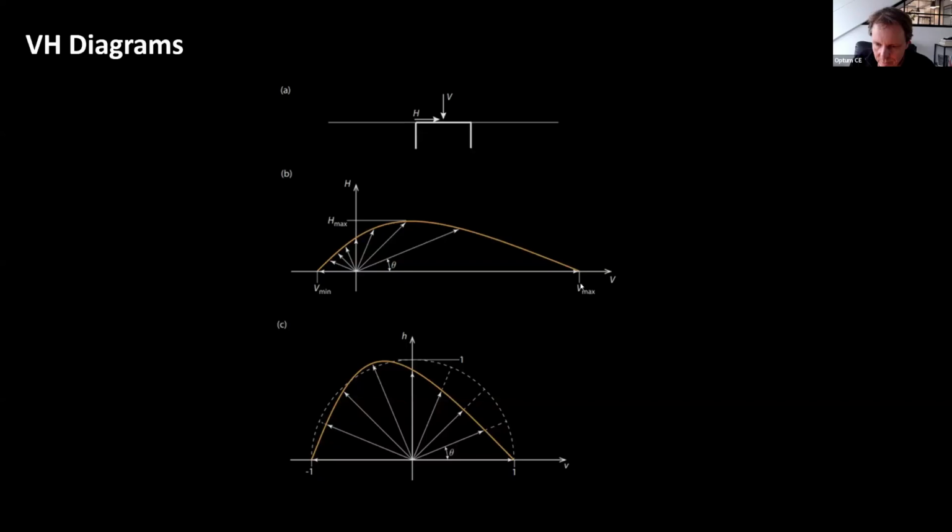So you need to first determine the minimum and maximum V and the maximum H, and then you apply loads. Also, you shoot out like this, but in a scaled kind of way to get a more even distribution of the points on this VH diagram.